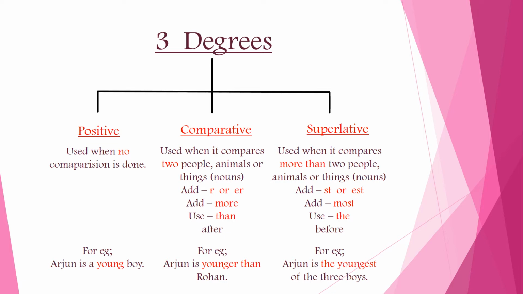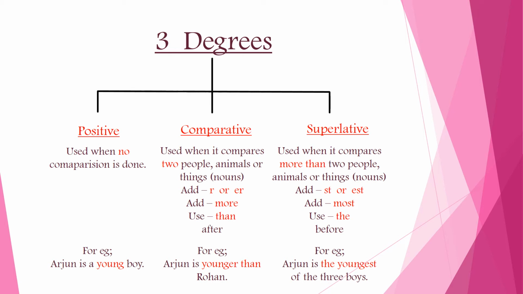A positive degree of comparison is used when no comparison is done. We do not have to compare anything. The second degree of comparison is comparative. We use a comparative degree when it compares two people, animal or thing, which is a noun.